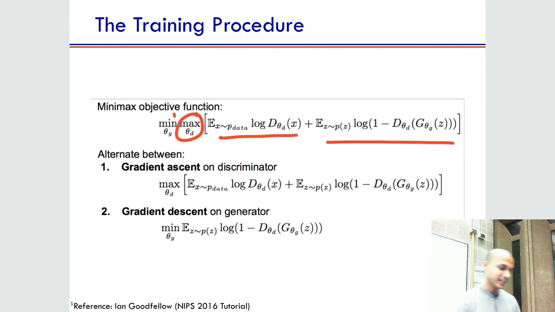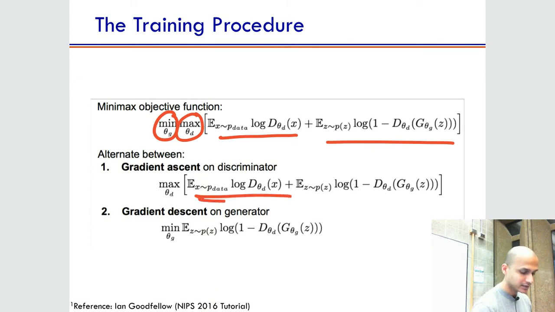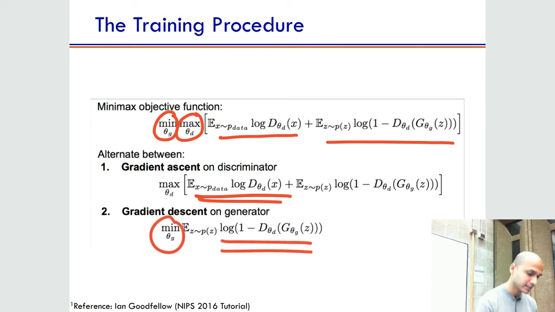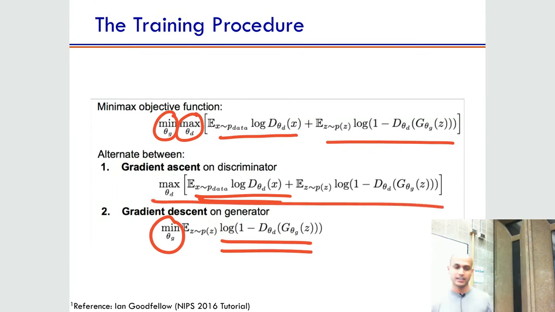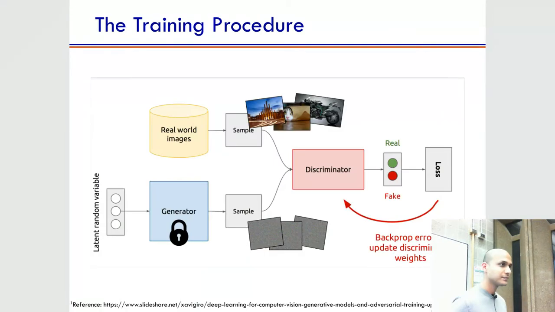And if the objective of the generator is the opposite, then the generator has to minimize. That's just a notation thing. As I said, for the generator, the first term doesn't matter because there is no theta g there. So for the generator, it's just the second term which matters. The generator is going to minimize over the second term, and the discriminator is going to maximize over the whole term. That's it, and you update the parameters.